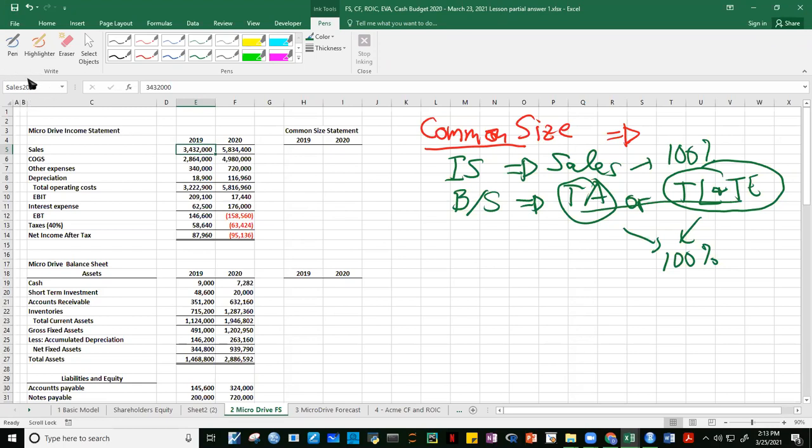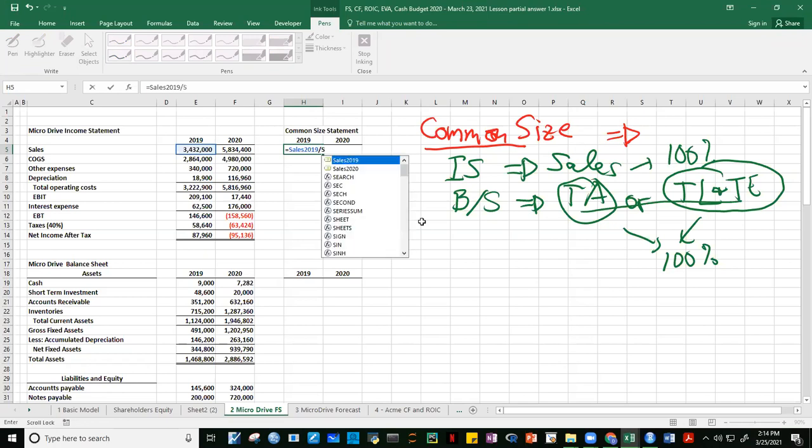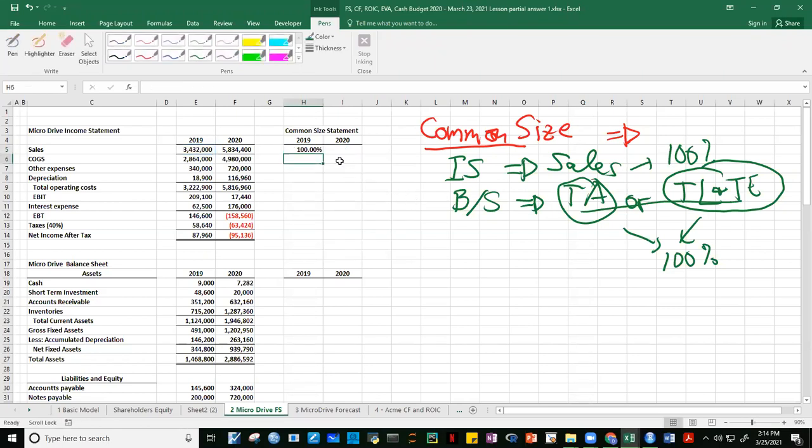Kita nyo yung pangalan dito? And this one I'll call sales 2020. So when we create our common size, it will be your sales 2019 divided by sales 2019.